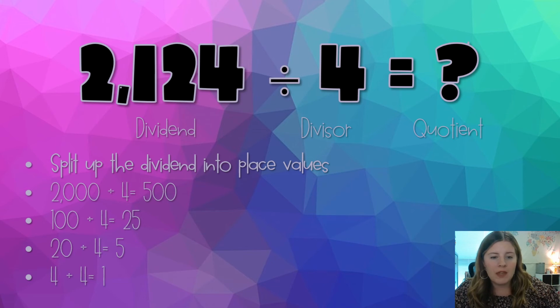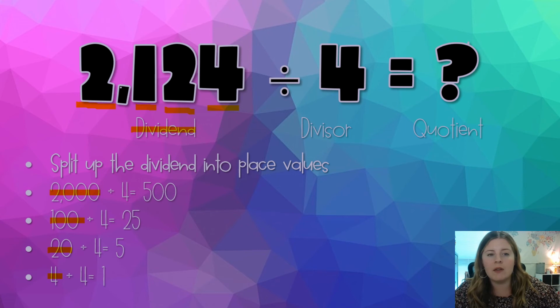So if you see, we have 2,000, 100, 20, and 4. So we split up the dividend into different place values.